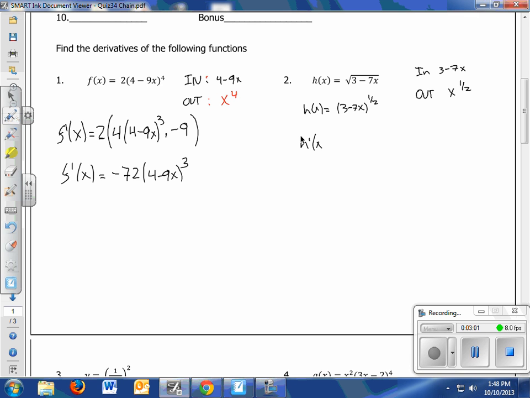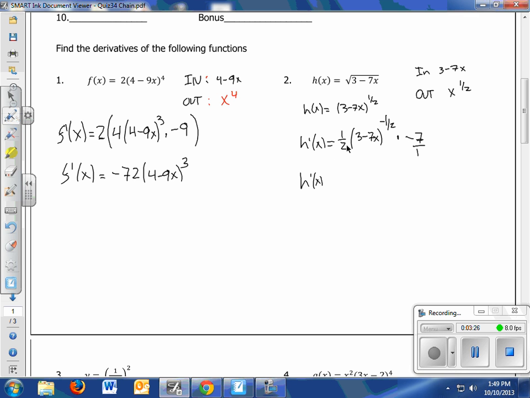So h prime of x would be, the derivative of the outside would be 1/2, leave the inside alone, subtract 1 from my exponent, that's negative 1/2, times the derivative of my inside is negative 7. Now I can simplify that. Negative 7 is like negative 7 over 1, so that would go on the top of my fraction.